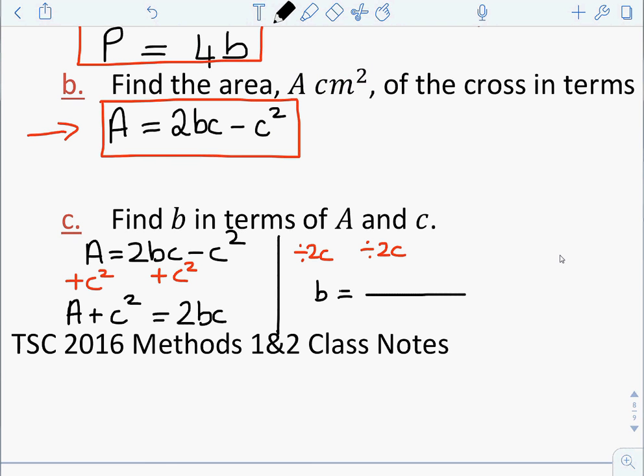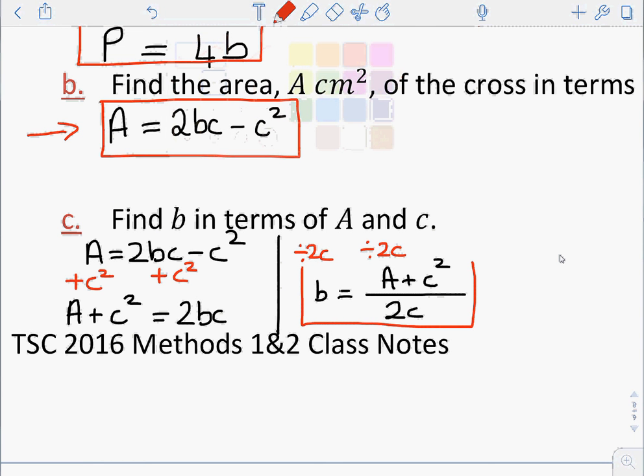We have a fraction of A plus c squared divided by 2 lots of c. That would be my end answer, as it is b in terms of A and c. Box my solution and I'm done.